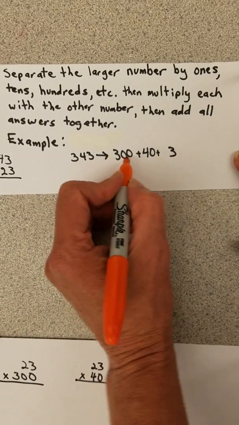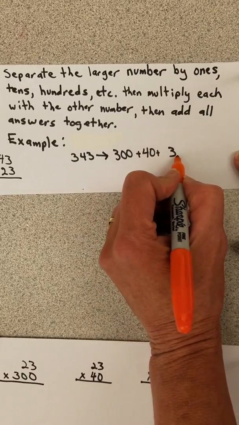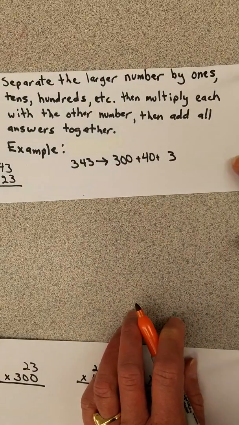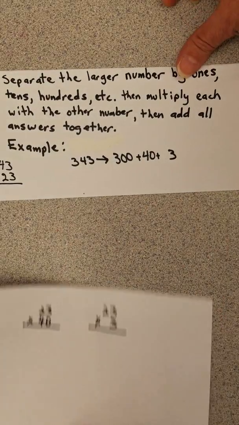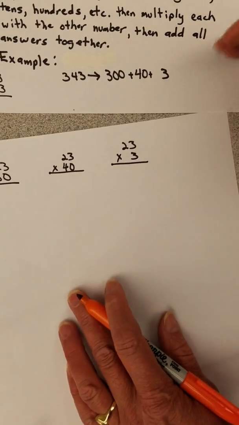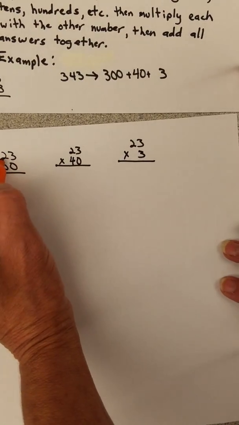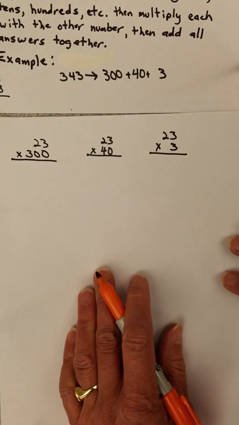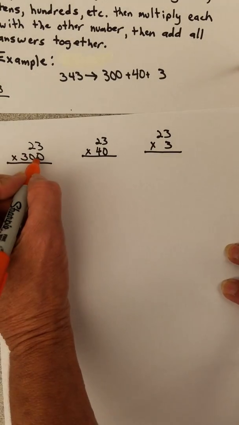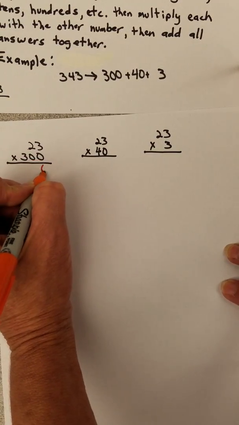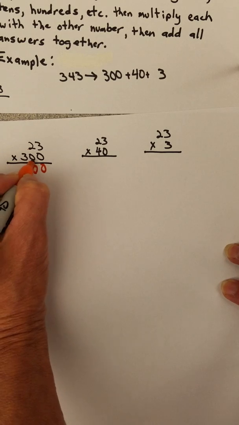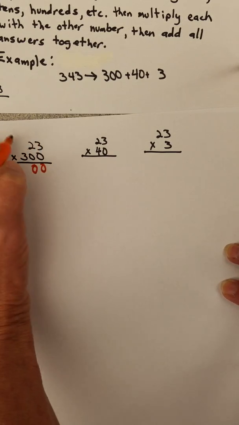Okay, so this would be 300, this would be 40, and this would be 1. And then this time you stack with the lower digits on top, and you just simply put your 2 zeros down, then start your multiplying.